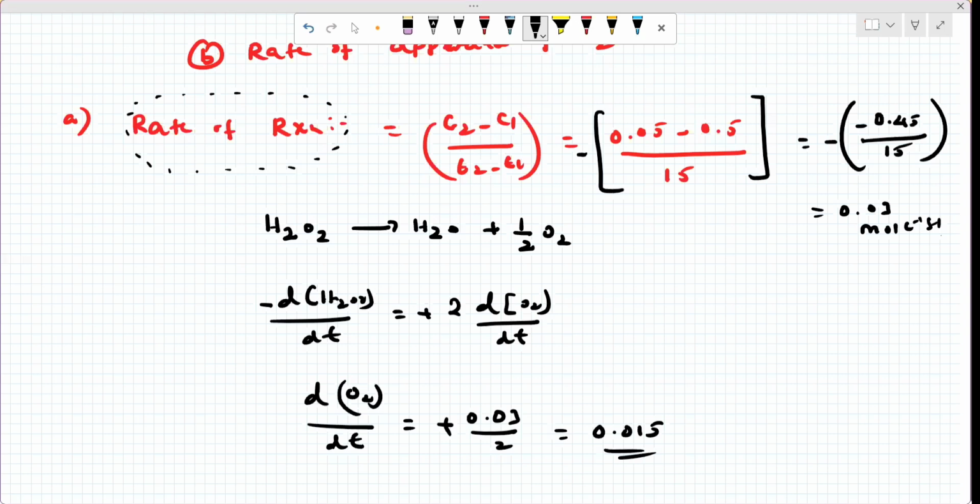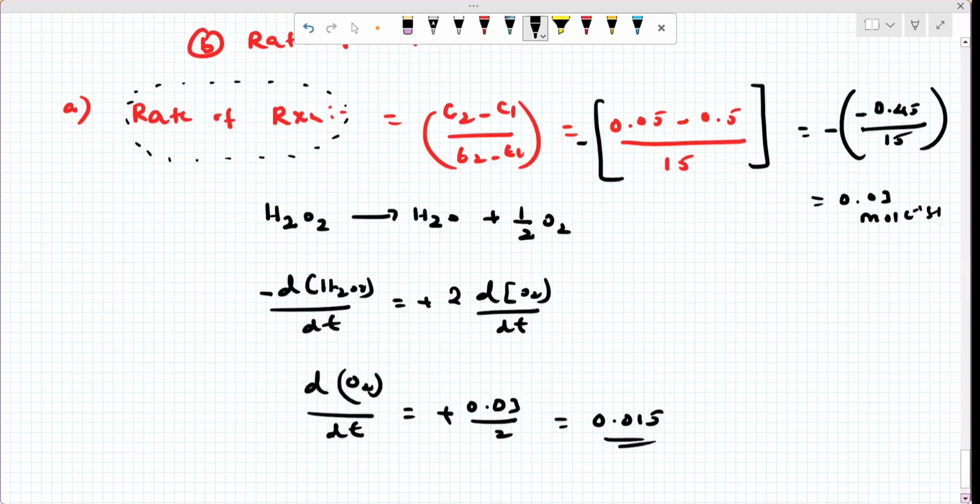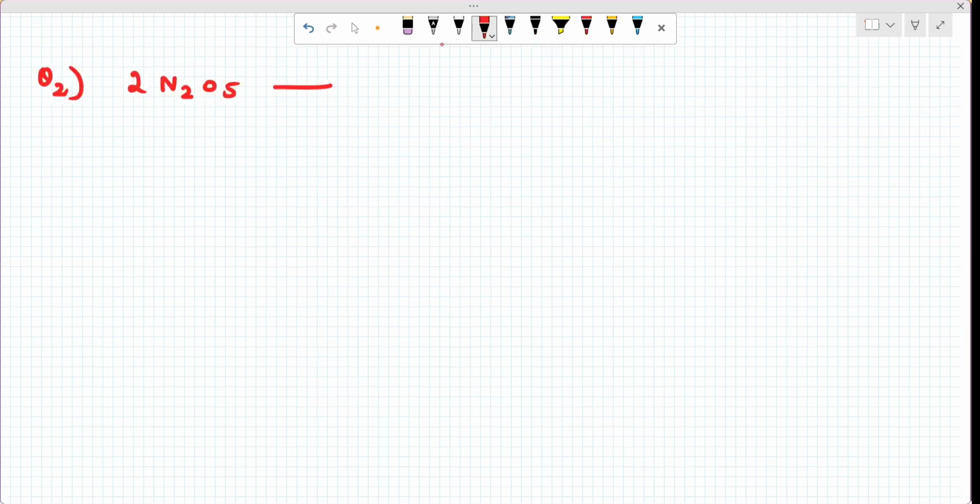Now do this question, anyone. Same type of question, try this. 2N2O5 gives 2N2O4 plus O2.